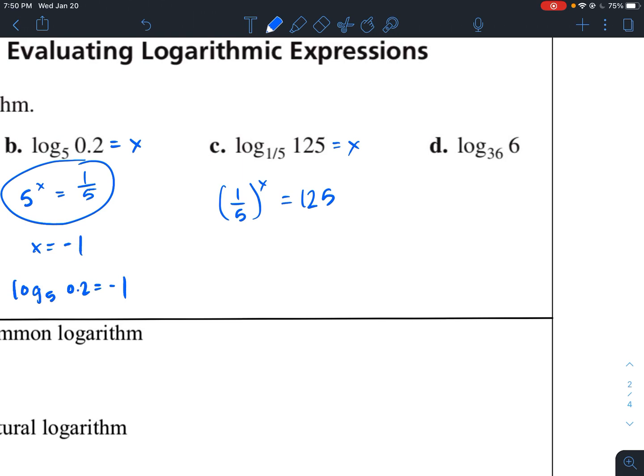But I do know 5 to the third power is 125, so x would have to be -3 in order to get 125 in the numerator. So that means log base 1/5 of 125 is equal to -3.